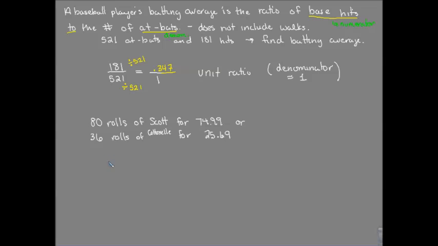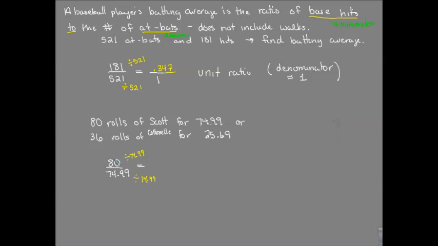Well, we do 80 over 74.99, and we're going to divide both of them by 74.99. Oh, you know what?